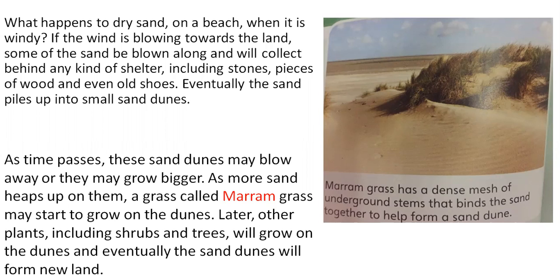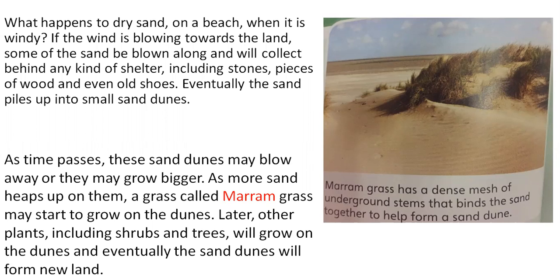As more sand heaps up on them, a grass called marram grass may start to grow on the dunes. The diagram on your right is an example of marram grass. Later, other plants, including shrubs and trees, will grow on the dunes, and eventually the sand dunes will form new land.